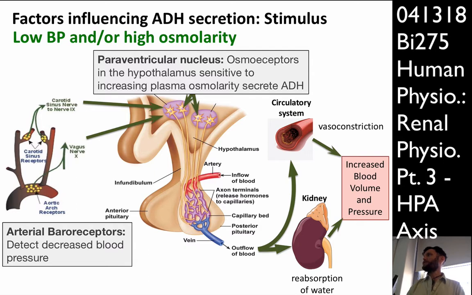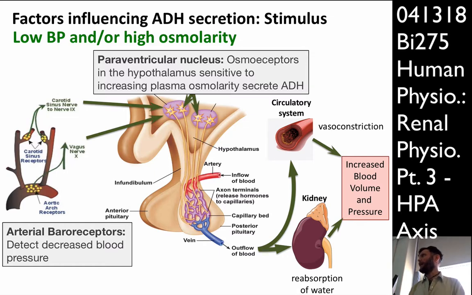It goes down into the posterior hypophysis, or pituitary, and goes into this portal system, which is this bed of capillaries that you see right there. ADH gets released into the blood at the hypophysis, at the pituitary.